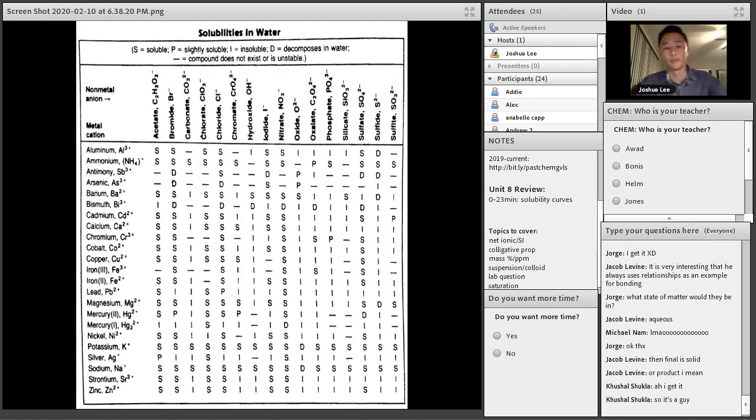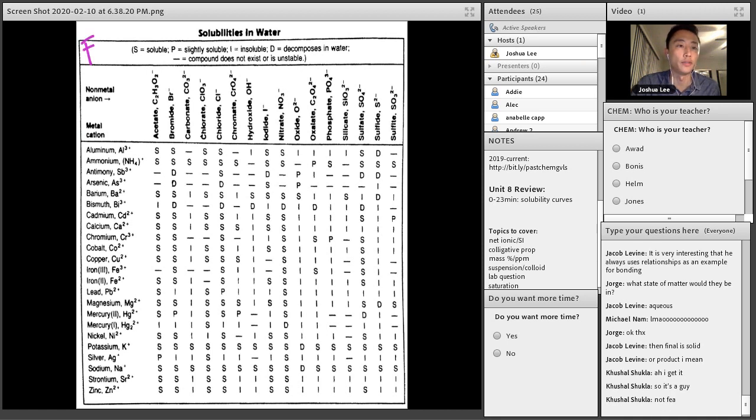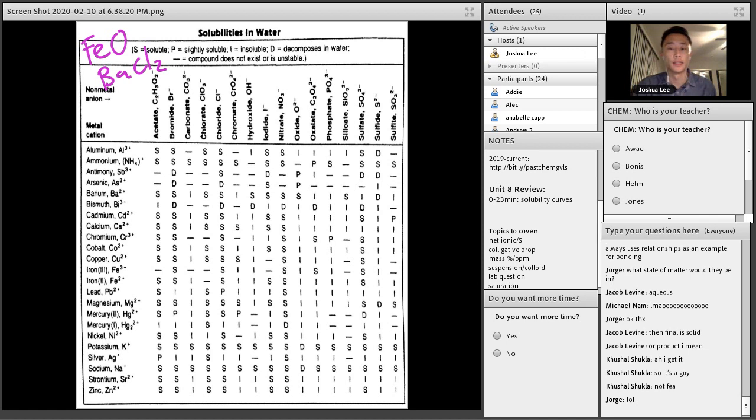There it is. So this is the chart you need. And let's look. So the two substances we're looking for are FeO and BaCl2. So these are the new couples we formed at the dance. I look at iron 2, so this one, and oxide right here.